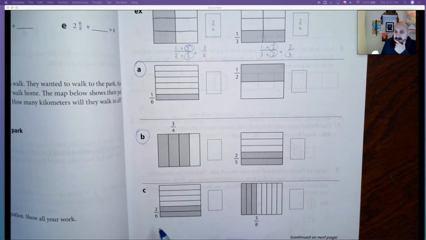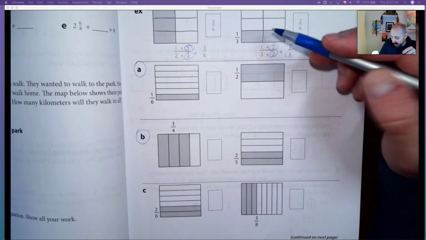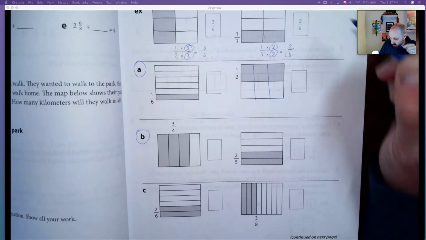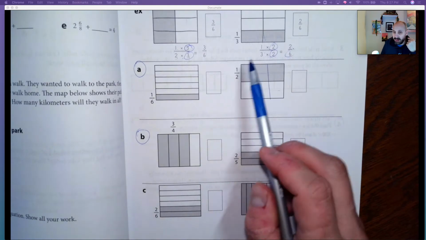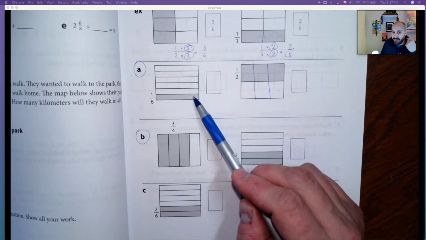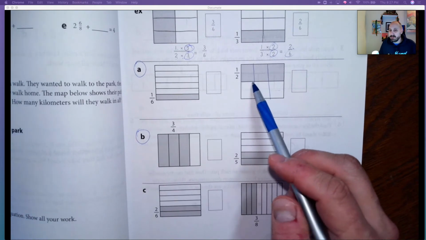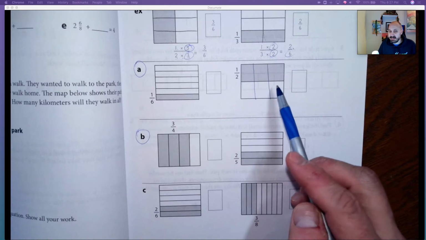Let's see, trying to think if I can make 6 pieces out of this. Maybe if I cut it into thirds going down. 1, 2, 3, 4, 5, 6. There we go. Now they look a little different than these, but they're essentially the same area, because I have 1, 2, 3 out of 6, which is 3 sixths.